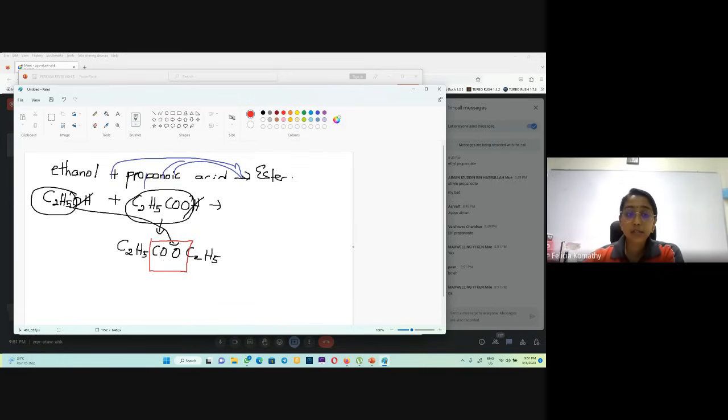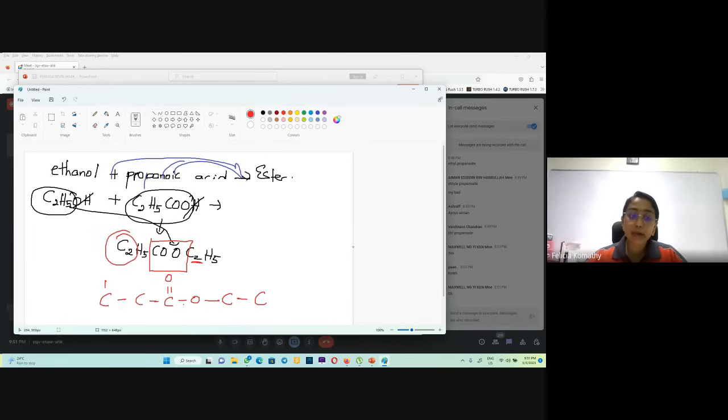Dan bila you nak lukis, you mula dengan bridge dia. Ini yang saya panggil dia bridge. So carbon double bond O. You lukis bridge ni dulu, kemudian you tengok. Okay, hadapan bridge tu ada berapa carbon? 2 kan? You letakkan 2 carbon dulu. Belakang bridge dia ada lagi berapa carbon? 2 lagi kan? You sambungkan lagi 2 carbon.